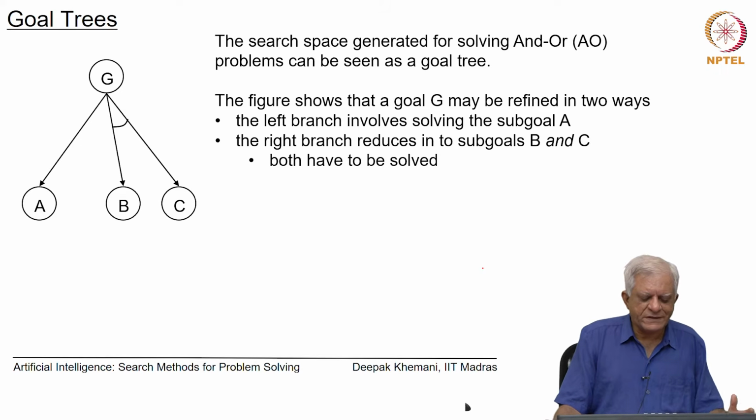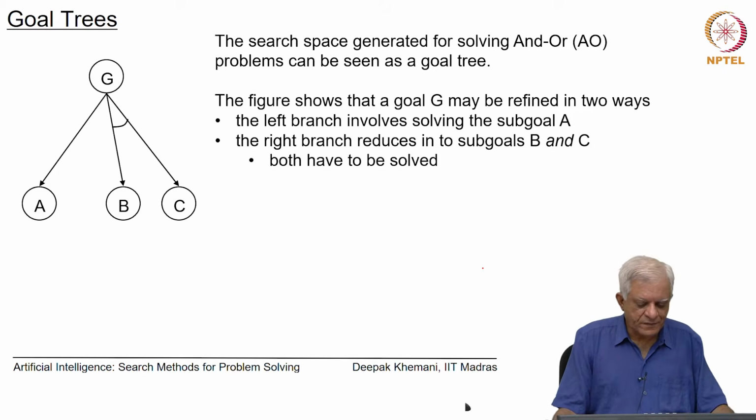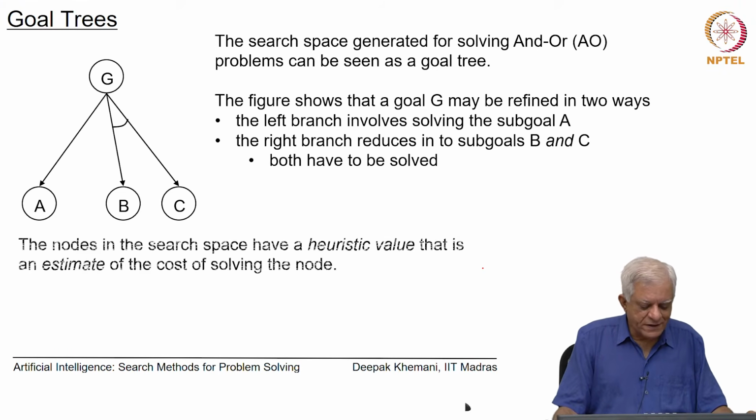So, at this point in this graph, you have basically two choices. Should you reduce the problem G to the problem A, or should you reduce the goal G to sub goals B and C essentially. Both would have to be solved essentially.